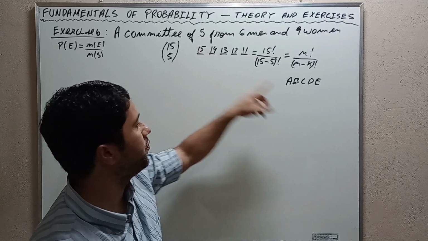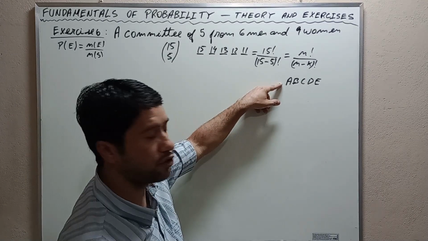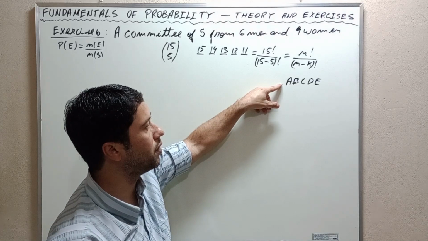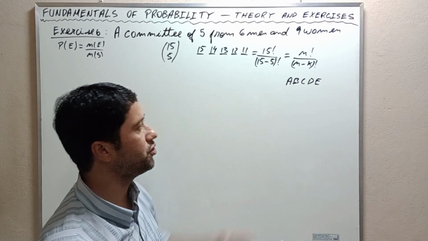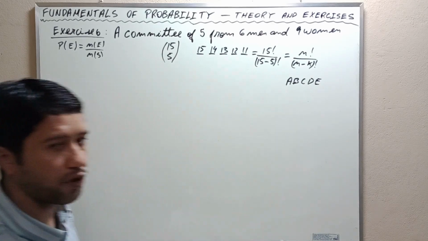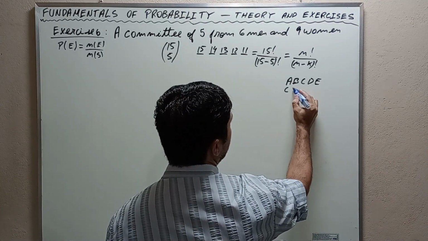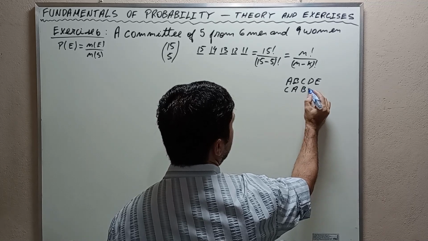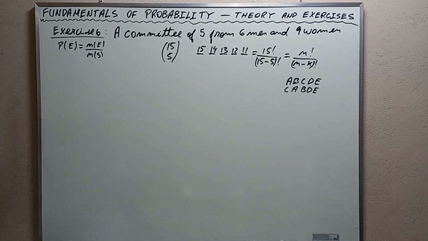Observe that this part is important: committee A, B, C, D, E is precisely equal to the committee C, A, B, D, E, the same members.